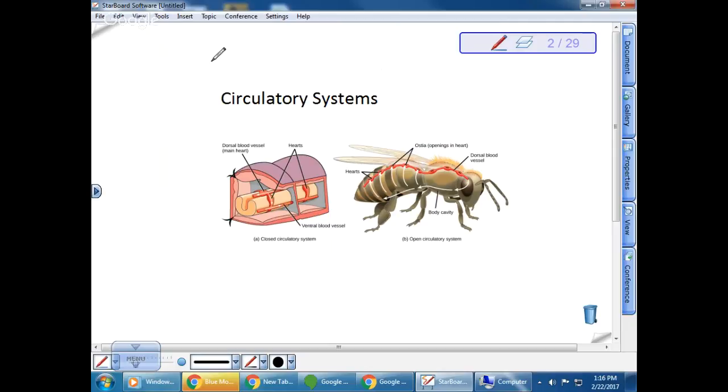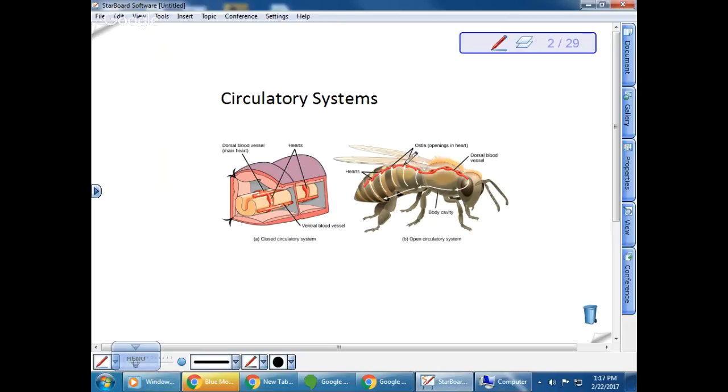So the earthworm, for example, has a closed circulatory system where the blood is always contained within vessels. Whereas the circulatory system of, say, the crayfish or the clam was an open system, because the fluid that contains the oxygen and nutrients just simply goes into a body cavity and then into the tissues and then has to make its way back up to the heart.